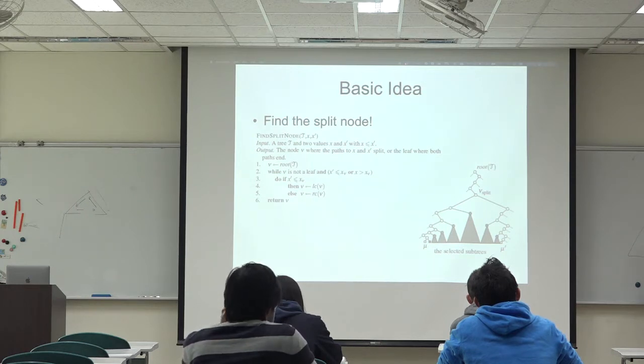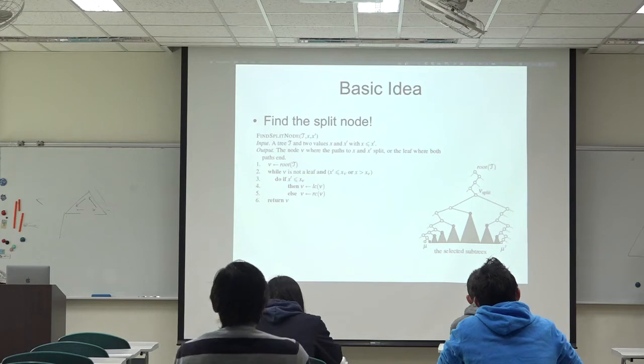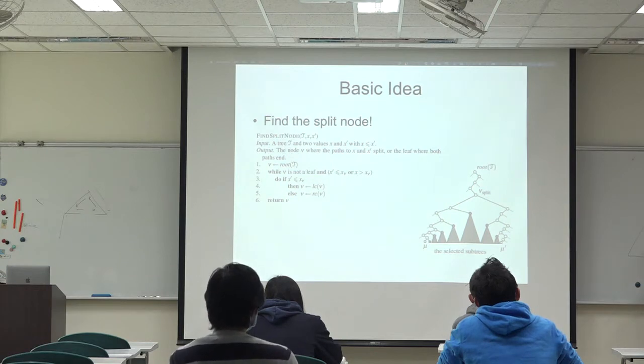And if your search range is 60 to 100, this is your x, this is your x prime. Should you use this one as a split node?